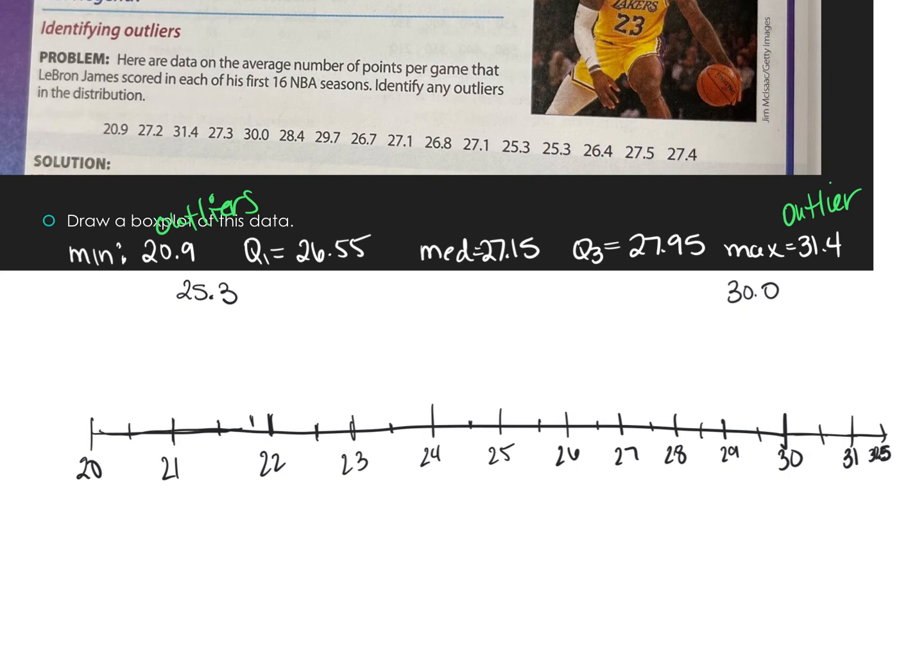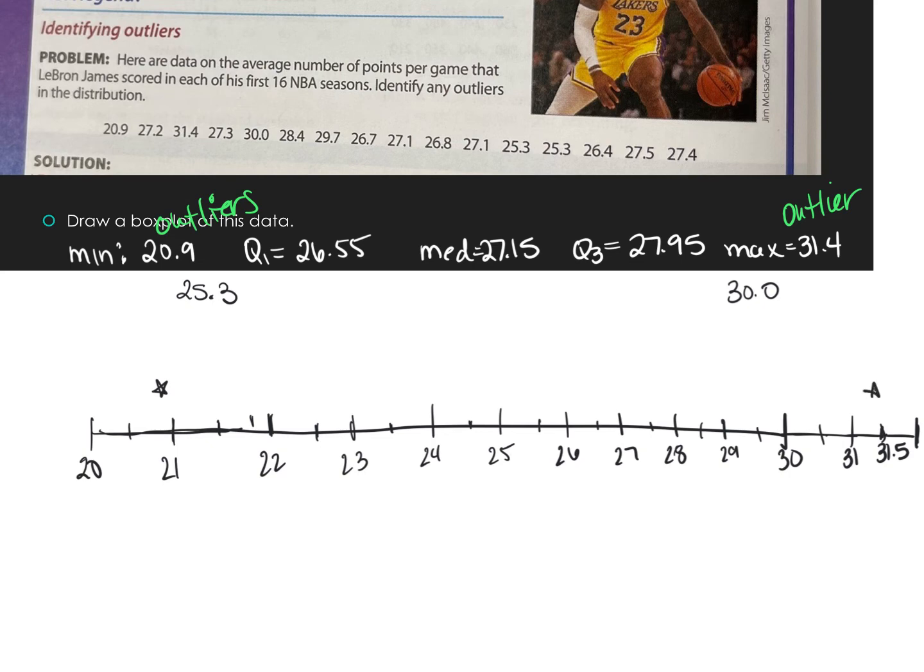So my outliers. Okay, we start with our outlier. Our outlier is 20.9. So instead of putting that little hash line for the minimum, we're going to put an asterisk or a star. We have an outlier at 20.9.